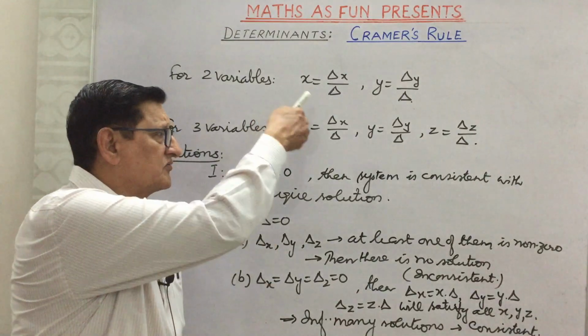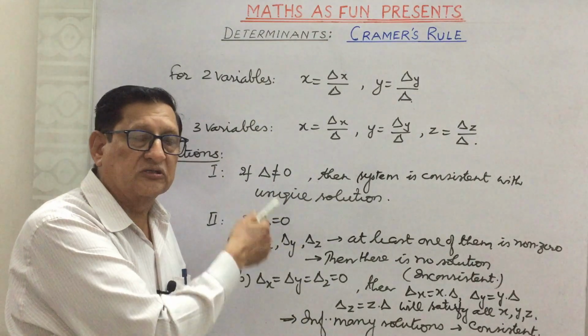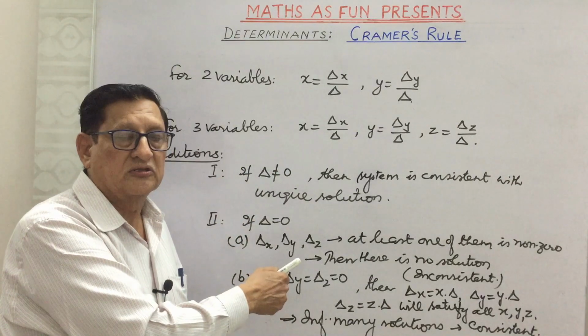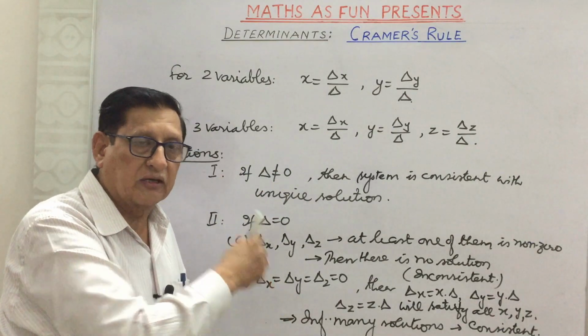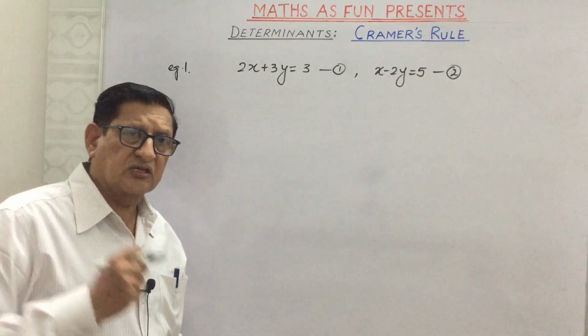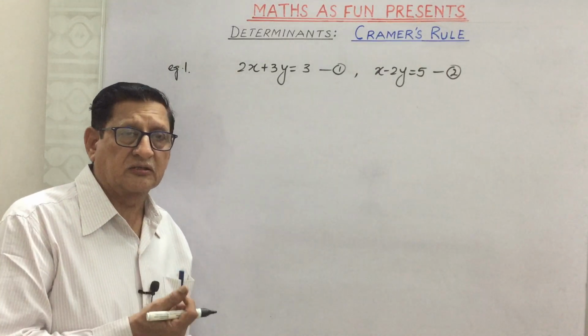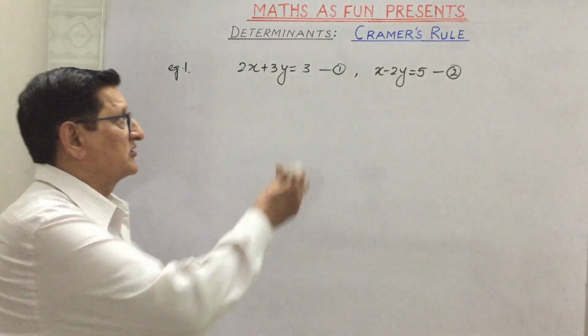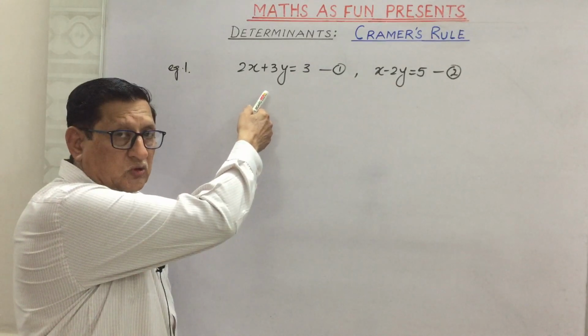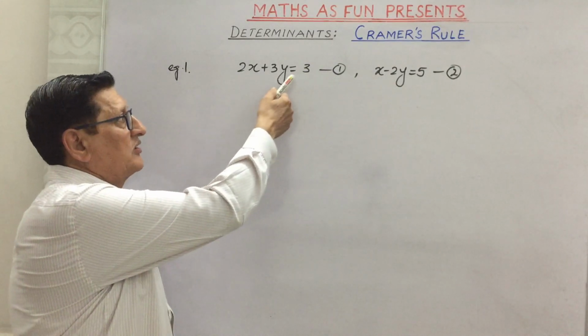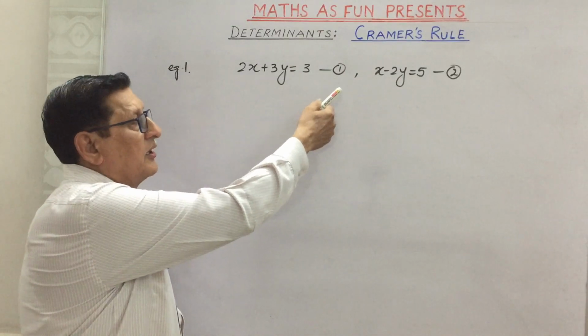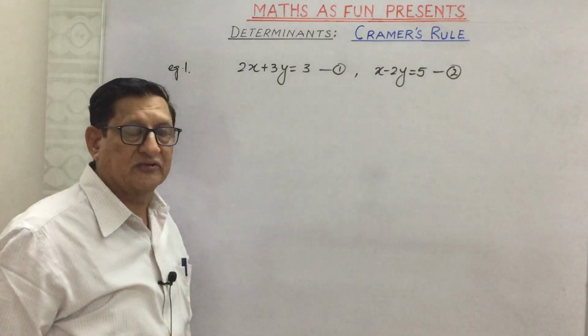So these are the conditions we have to remember to find the solution of any system of equations by using Cramer's rule. We now discuss some examples to understand the concept more clearly, and the first example we are taking is in 2 variables. 2x plus 3y equal to 3 is the first equation, and x minus 2y equal to 5 is the second equation.